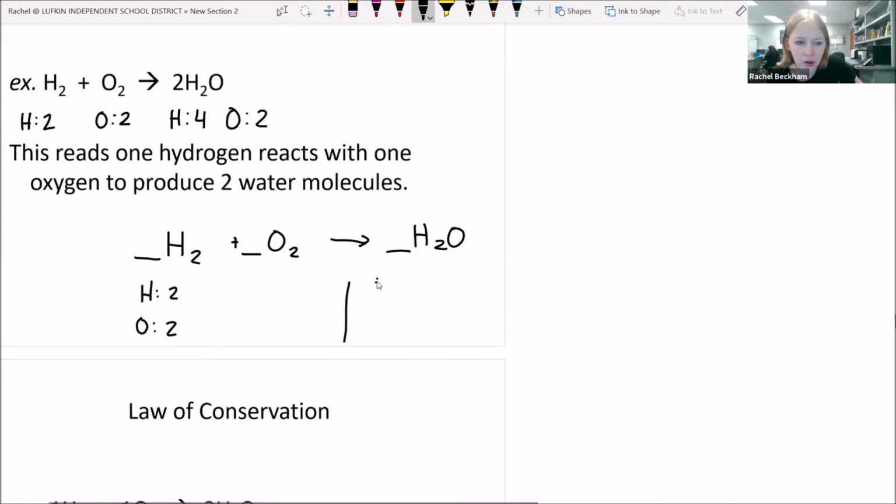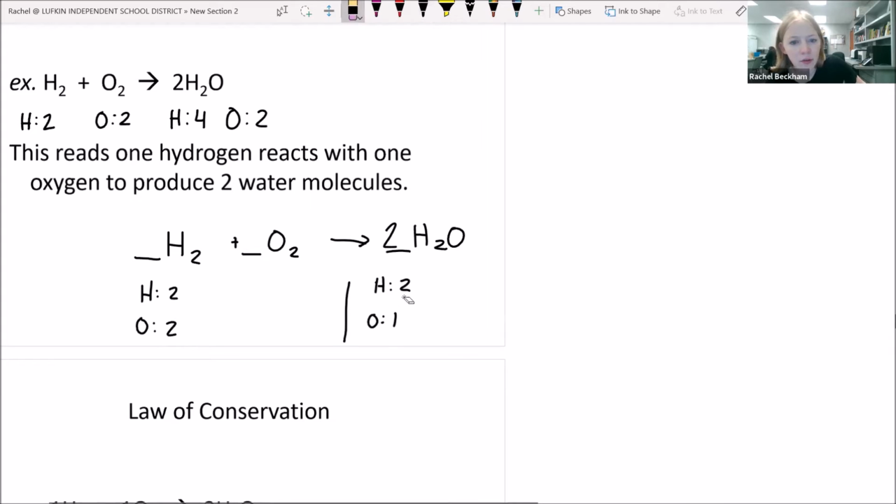And on this side, I've got 2 H's and only 1 O. And so in order to balance this reaction, to make this side equal to this side, because in reality, this reaction doesn't exist until we balance it, we can add a number that gets multiplied to make everything even. So I need this side to have 2 oxygens to be like this side. So I'm going to put a big 2 right here.